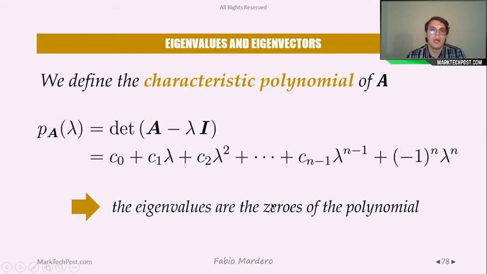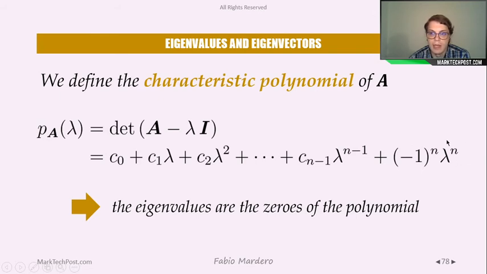So we can say that the determinant of A minus lambda I is a polynomial. And this polynomial is said to be the characteristic polynomial of A, and can be written in this form.